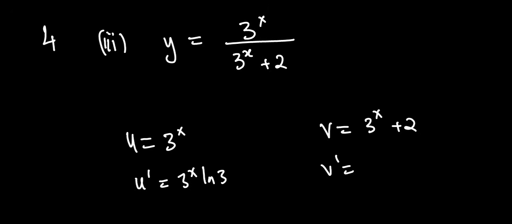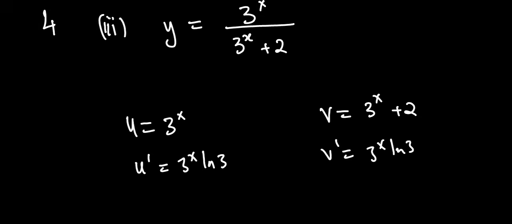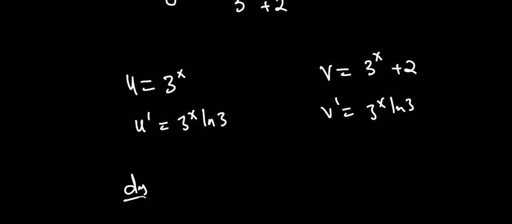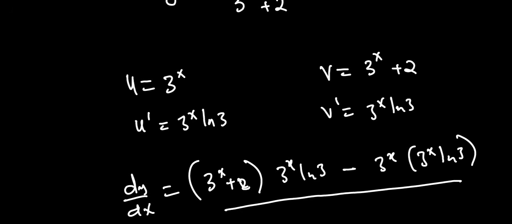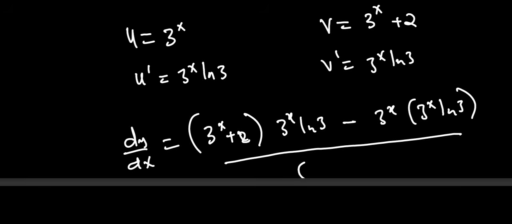Then v prime is just going to be 3^x again, then ln 3. So now we're going to have the derivative is just the v, which is 3^x plus 2, multiplying the 3^x ln 3, minus the 3^x, then the 3^x ln 3, over the v squared, which is 3^x plus 2, then squared.